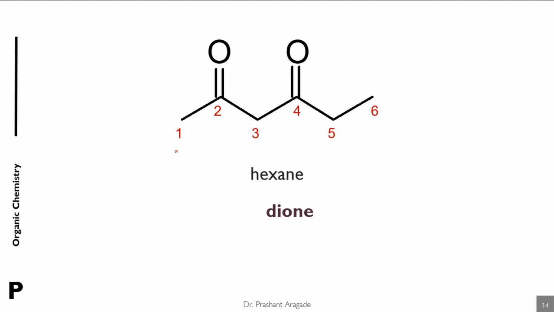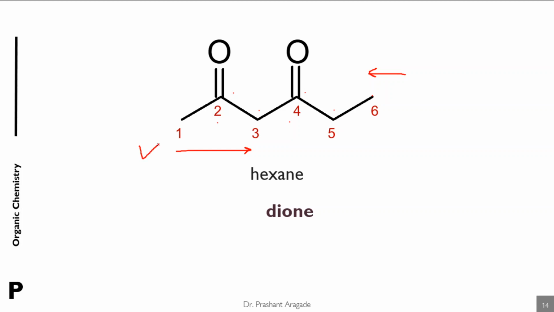So you have to select this direction as it will give 2 and 4 number to the carbonyl carbon atom. If you number from right to left, then it will give the numbers 1, 2, 3, 4 and 5. That is 3 and 5 number assigned to the carbonyl carbon atom, which is greater than that of the previous one, that is 2 and 4. So that's why this direction of numbering is correct.